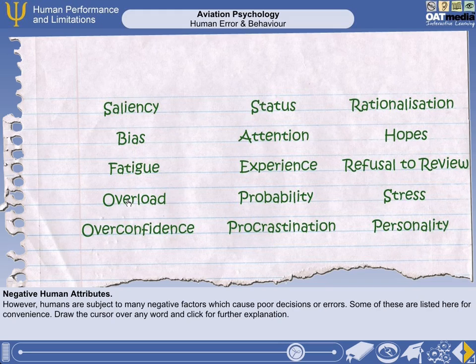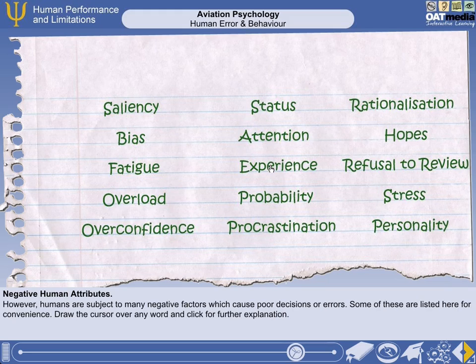Fatigue, may cause slow reactions. Overload, may be qualitative or quantitative. Overconfidence, causes complacency and poor motivation. Status, will go on, I've never turned back before. Attention, may be distracted or funneled.